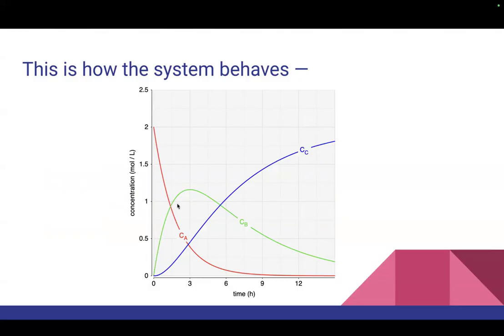And then as the concentration of chemical B goes up, it starts forming chemical C, and then chemical B is depleted as it is converted into chemical C. And over a long enough time frame, you will have only chemical C, after which you remove it from the batch reactor and purify it and sell it.